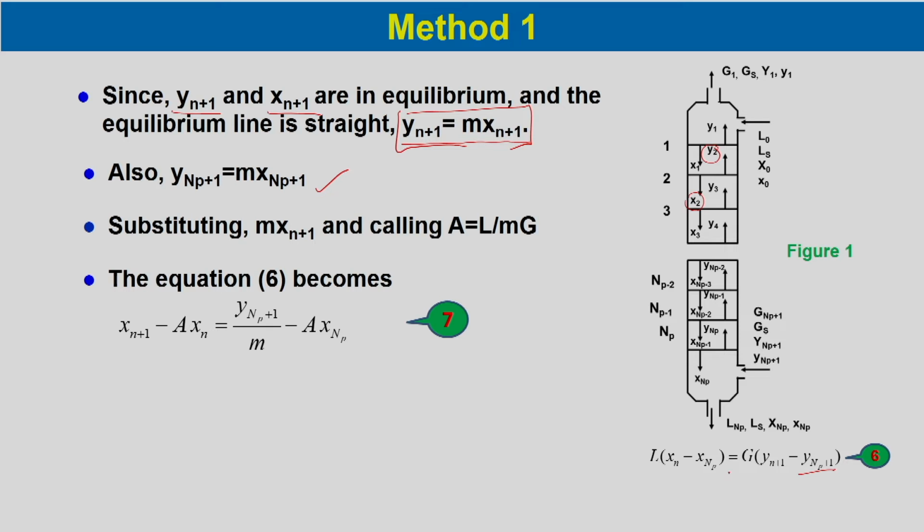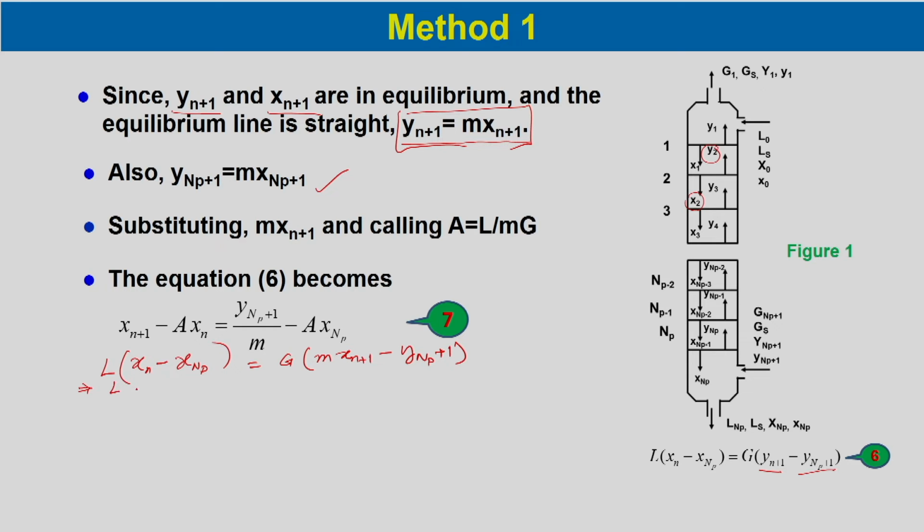Basically, if we substitute, L x n minus x n p would be equal to G times, substituting y n plus 1 as m x n plus 1, minus y n p plus 1.